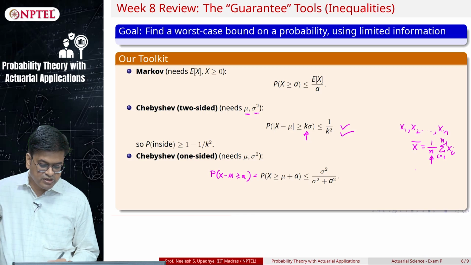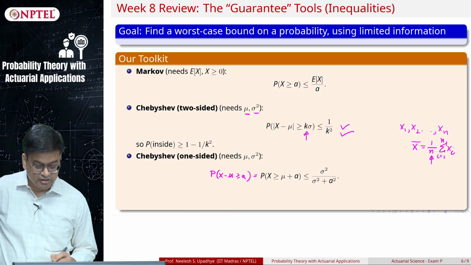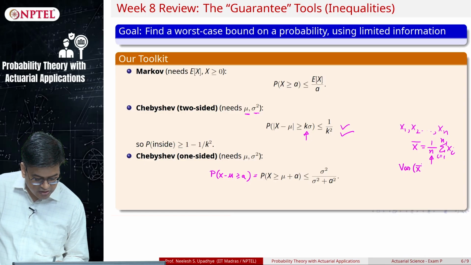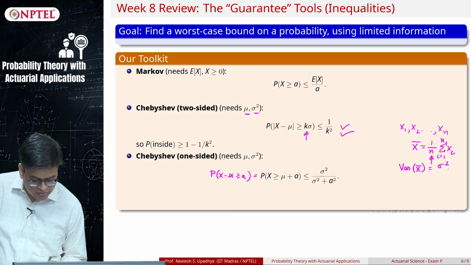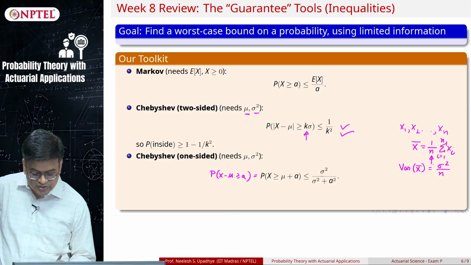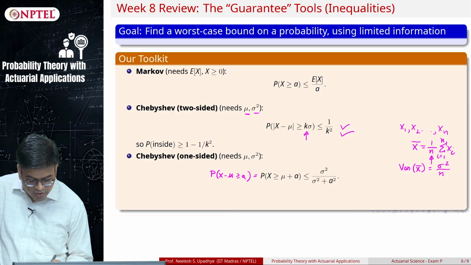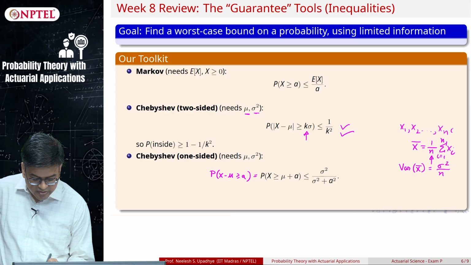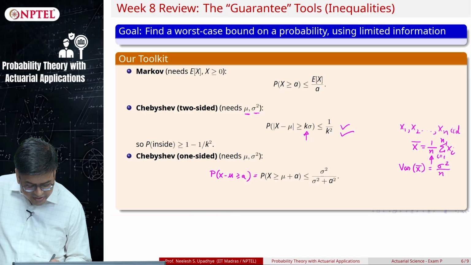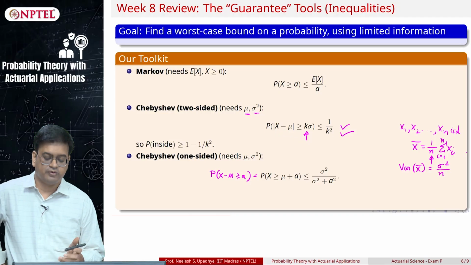What will happen to the variance of x bar? Then I can see the variance of x bar will actually be equal to sigma square by n. Is it clear why the variance of x bar will be sigma square by n? Because the xi's are IID, they are independent and identically distributed, and if I take the variance of a sum, it will be the sum of variances.